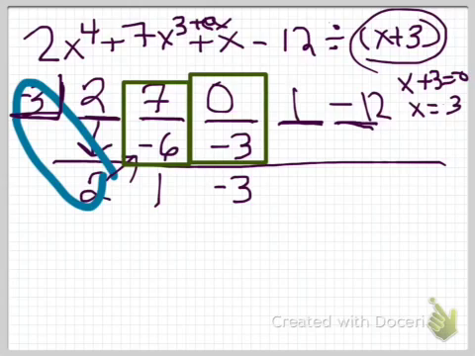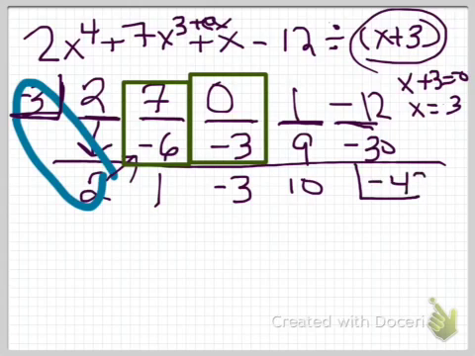Negative 3 times negative 3 is positive 9. 1 plus 9 is 10. 10 times negative 3 is negative 30. Negative 12 plus negative 30. I will make myself another box over here, because this is my completer box. Negative 12 plus negative 30 is negative 42.